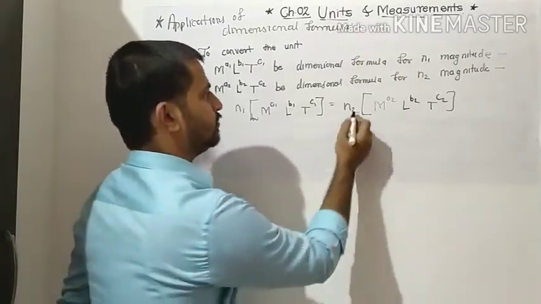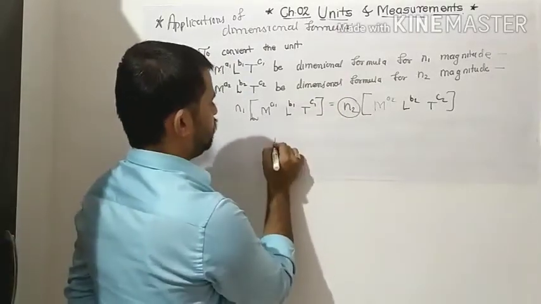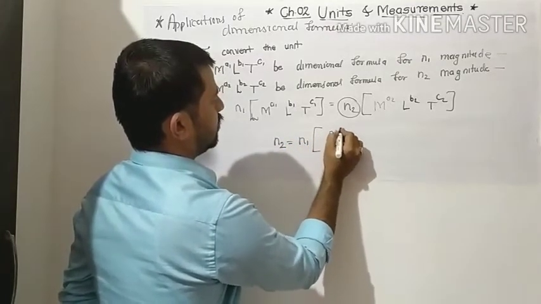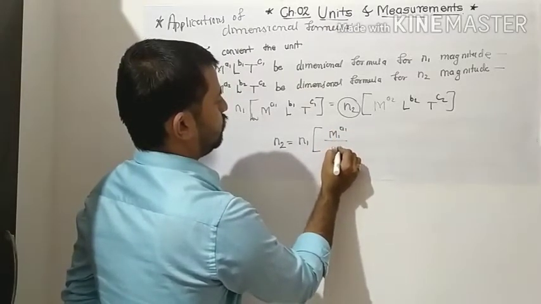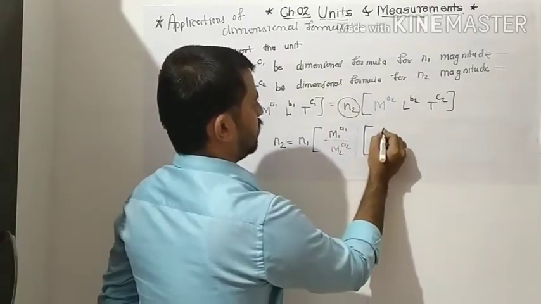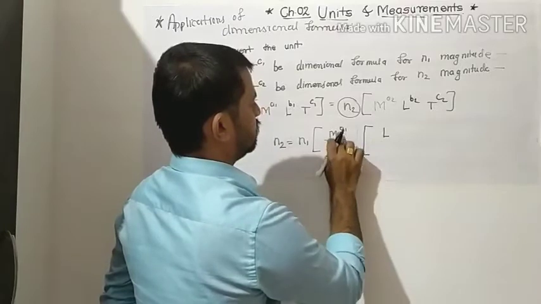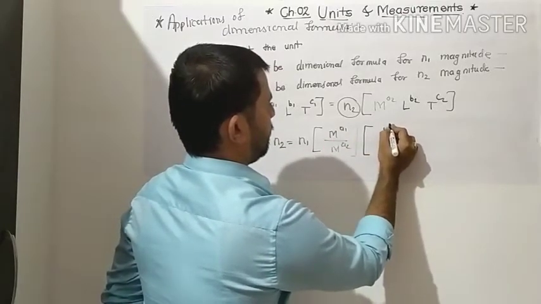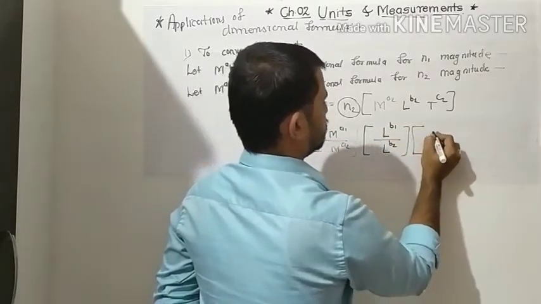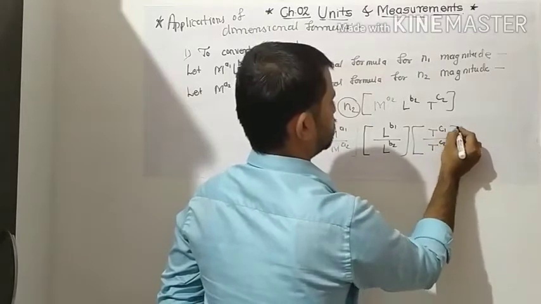So if we want this particular magnitude after changing the units, then we can write it as n2 is equal to n1 into bracket M1 raised to a1 upon M2 raised to a2, into another bracket, L1 raised to b1 upon L2 raised to b2, and T1 raised to c1 upon T2 raised to c2.